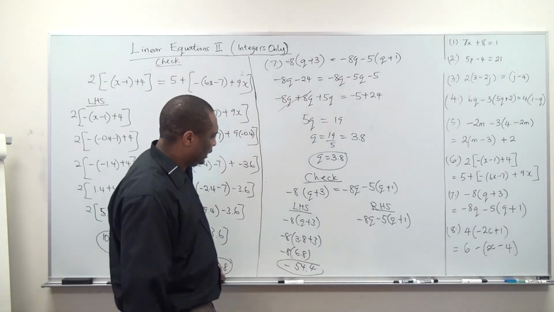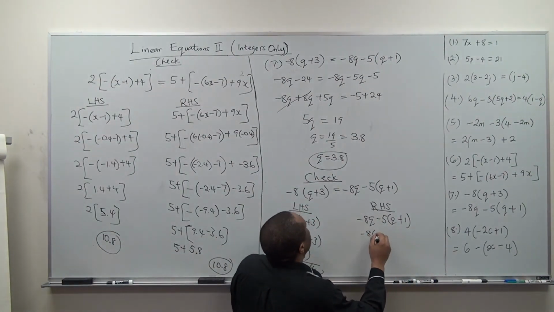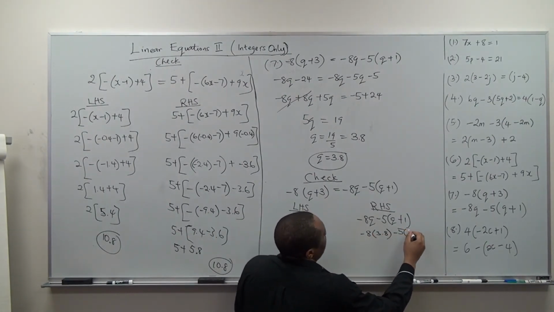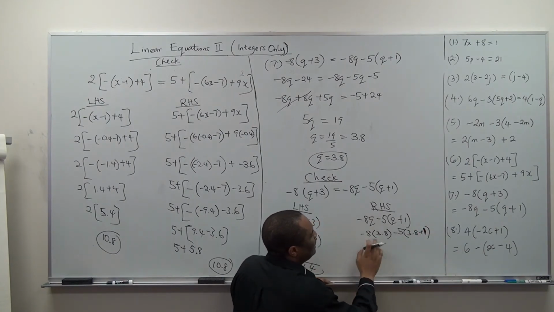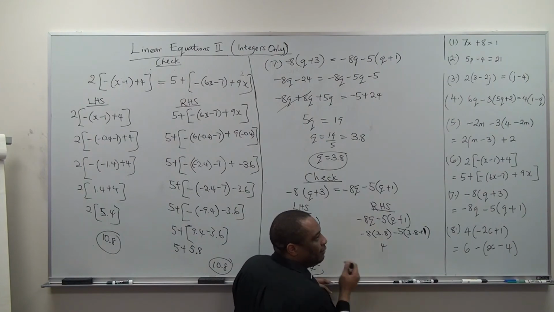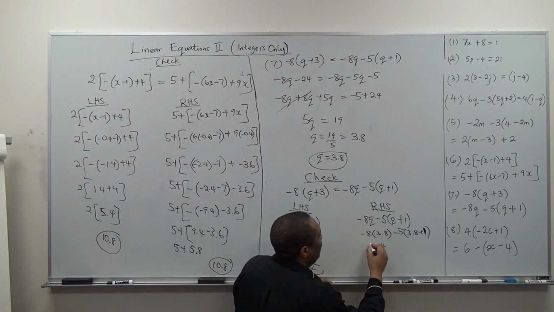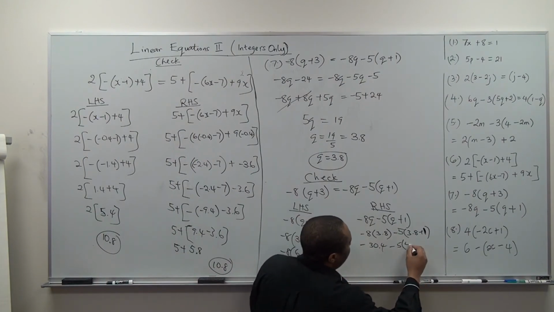Alright. In this one now, I see is negative 8q, 8 times 3.8 minus 5 into 3.8 plus 1. You have to be careful here. So 8 times 8, 64, 4, carry over 6, 8 times 3, 24, plus 6 is 30, negative 30.4, minus 5 into 4.8.